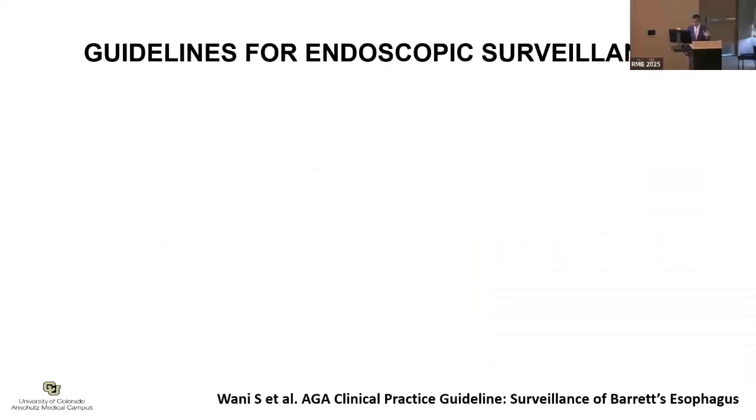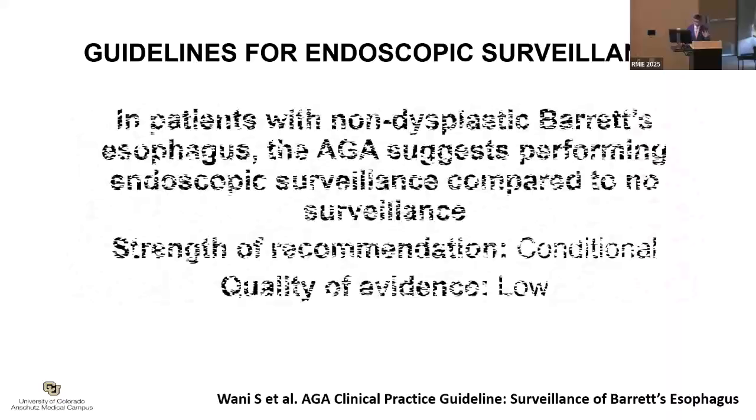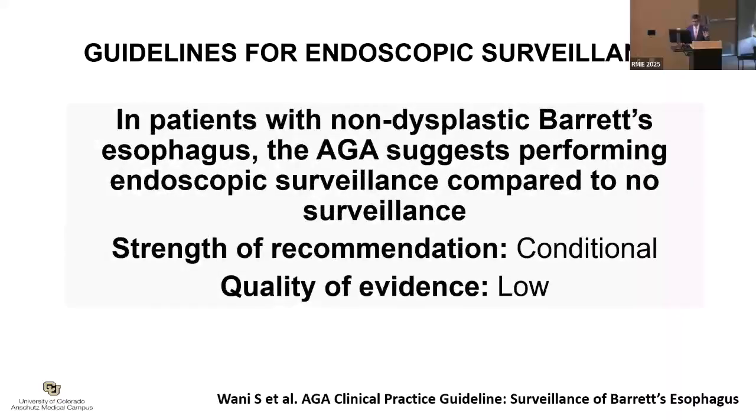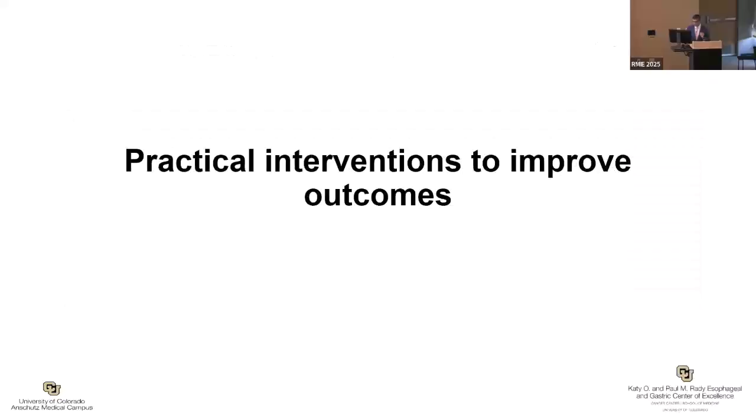So based on the available evidence, granted, some of this is low quality, the AGA still is going to recommend that we continue performing surveillance for our patients with Barrett's esophagus. This is a conditional recommendation with overall low quality of evidence.